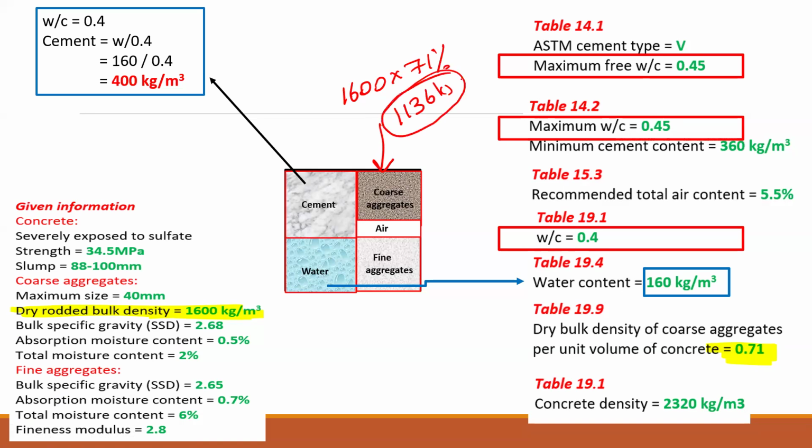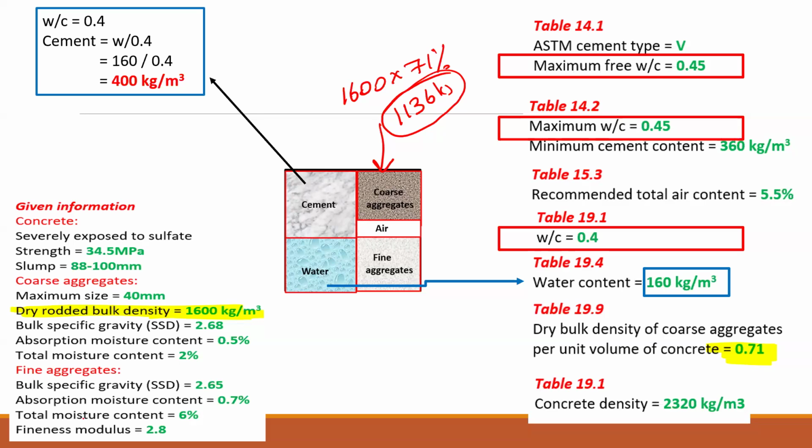But this is the dried amount. Am I right? Oven dried, isn't it? So do we have coarse aggregates in the dry condition in the market? When we consider the coarse aggregate available in the market, are they dried? No. So how much water is in this one? 0.5 is absorbed. 2% is the total.